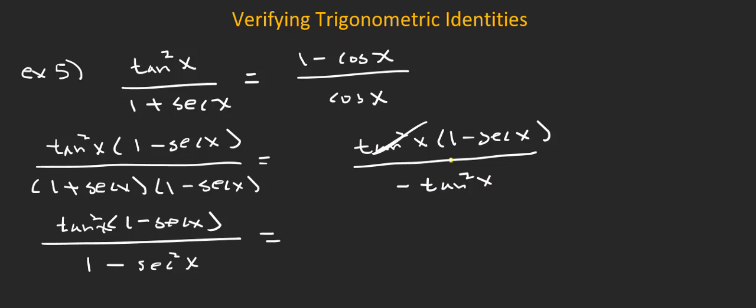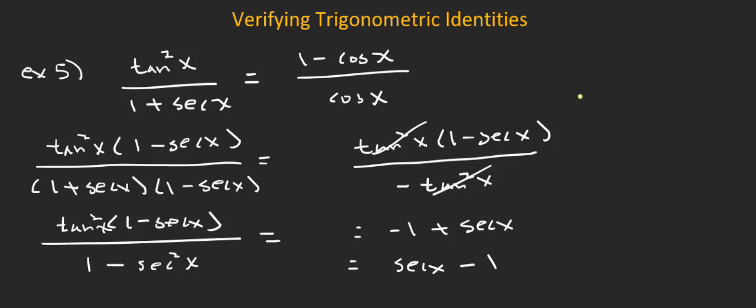And what happens to tangent square x? They cancel out. So you end up getting, well, that's negative 1, right? So you end up getting negative 1 plus secant x, because 1 divided by negative 1 is negative 1. Negative secant x divided by negative is positive secant x. So I'm going to rewrite this as secant x minus 1.